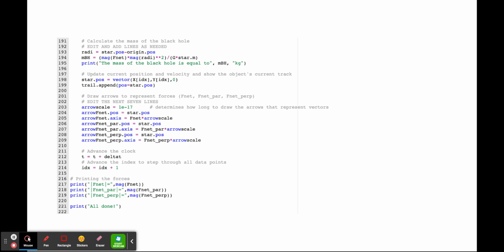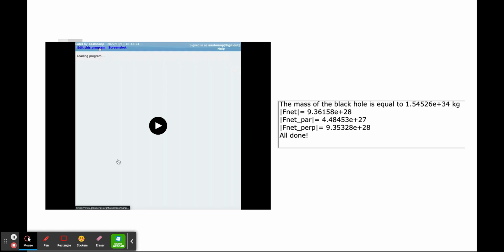Here I calculated the mass of the black hole. I wrote the equation for the black hole listed here and updated the formulas to depict the forces acting on the star. So here is the final trajectory.